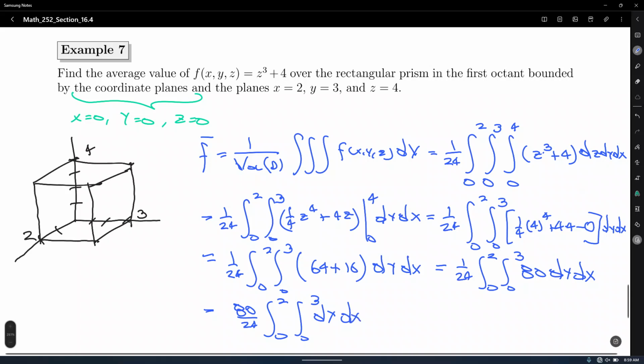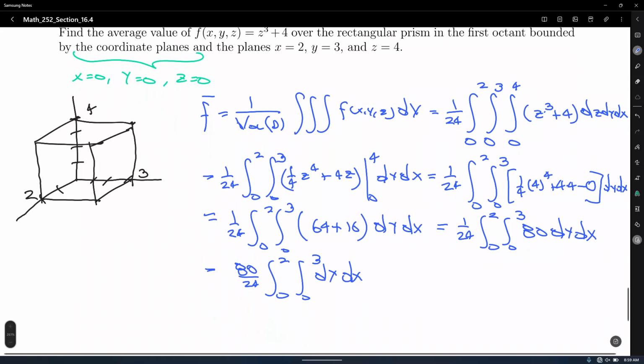The rest of the problem will be integrating simply along y, that's 3 minus 0, and then 2 minus 0. Well, let me do one integral at a time to show all the iterations. That's x from 0 to 2, and that's y from 0 to 3, dx. That is 80 over 24, integral from 0 to 2, 3 minus 0 dx, which is simply 3.